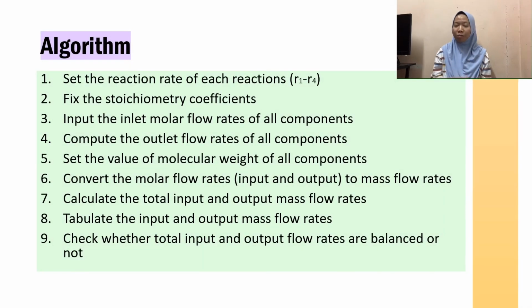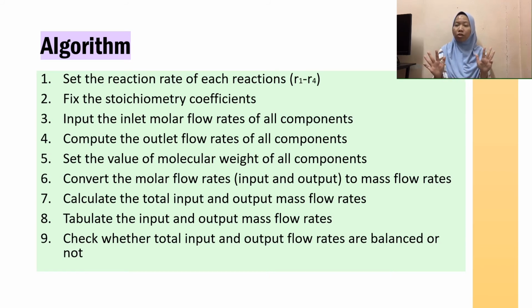Next, we move to the last part of the presentation, which is programming. Before we start writing the code, we need to do both the algorithm and flowchart so that our work will be easy later. For the algorithm, first we need to set the reaction rates of all the reactions involved. We have 4 reactions in total, thus we have 4 reaction rates: R1, R2, R3, and R4. Then we fix the stoichiometric coefficients of all the reactions involved. Then we insert the input molar flow rates of all the components involved.